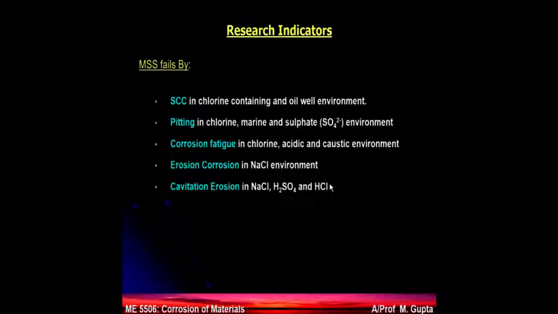So essentially, a literature search was done to see how martensitic stainless steel fails, and we realized that it can fail by stress corrosion cracking, pitting, corrosion fatigue, erosion corrosion, and cavitation erosion. We are not talking of highly turbulent fluids here, so this was ruled out.